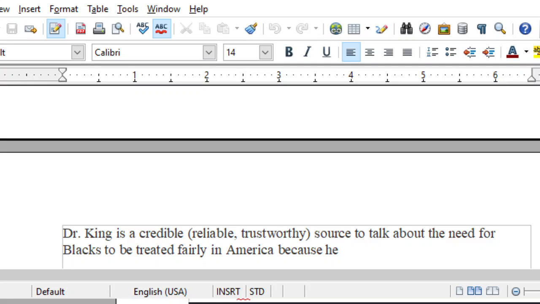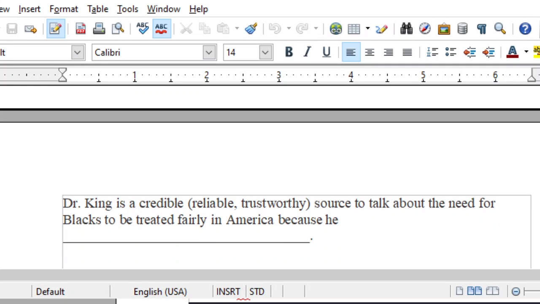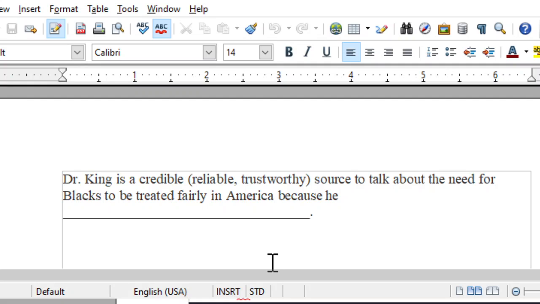Dr. King is a credible, reliable, trustworthy source to talk about the need for blacks to be treated fairly in America because he, and then you fill in the blank. What did Dr. King say that made him a credible, reliable, trustworthy source to say that blacks needed to be treated fairly in America?